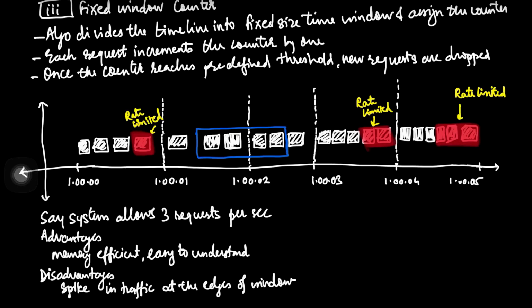So the next algorithm which we have is the fixed window counter. Now, this algorithm is conceptually very different from the bucket algorithms we discussed earlier.